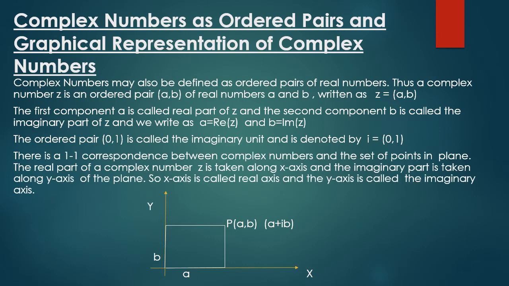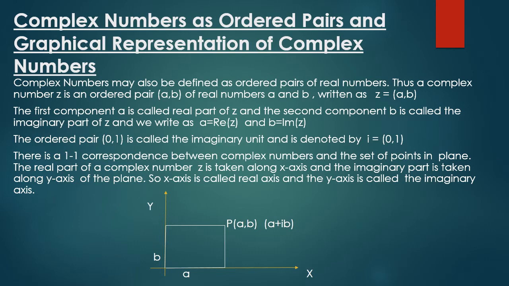The next topic is the graphical representation of complex numbers. We know that there is a one-to-one correspondence between complex numbers and the set of all the points of the plane. The real part of a complex number z is taken along x-axis, and imaginary part is taken along y-axis of the plane.